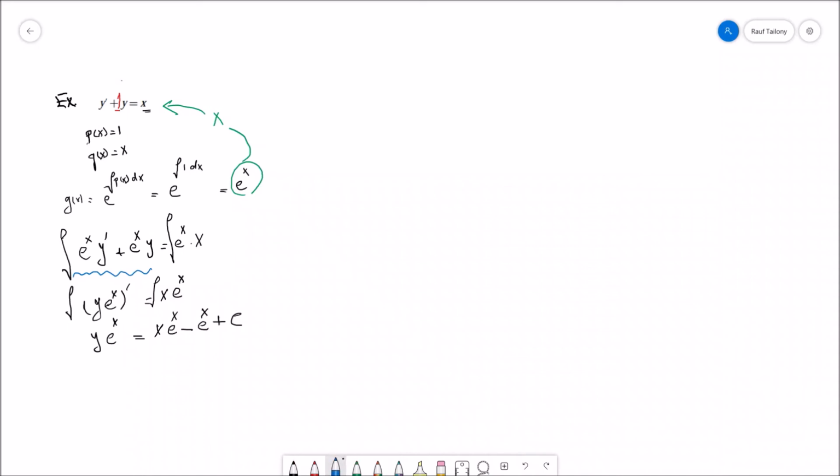Now we can find our y by rearranging the equation. So in this case, y equals x e to the power x minus e to the power x plus c, which is the right hand side of the equation with no change, divided by e to the power x.